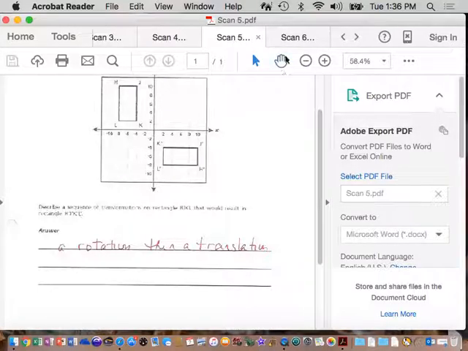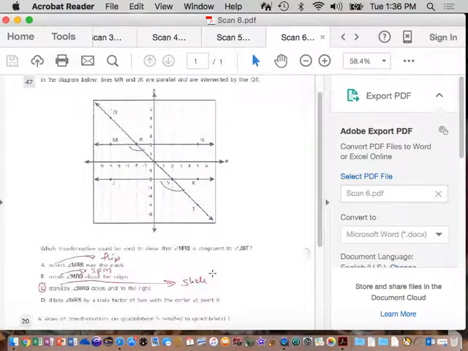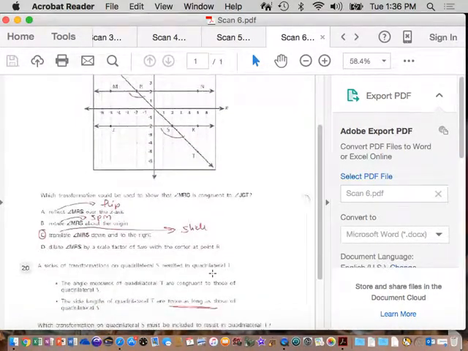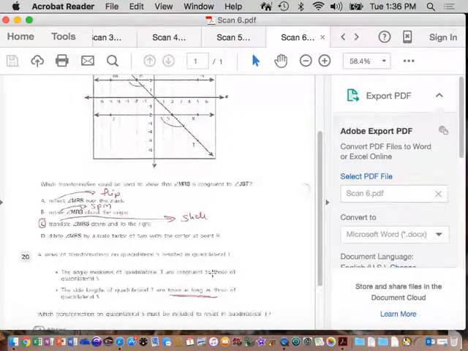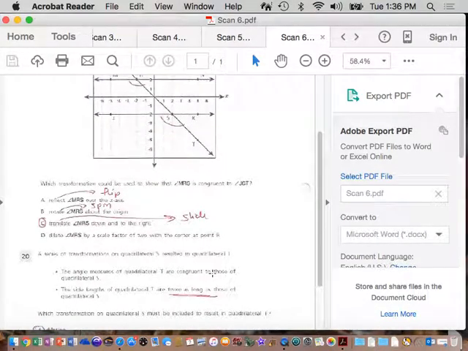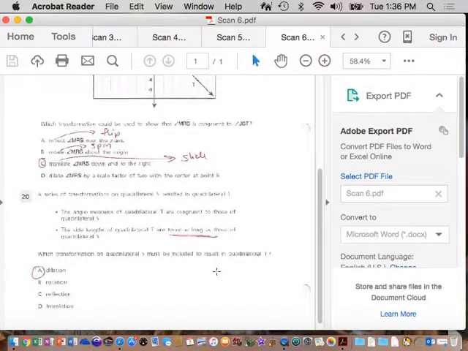This origin there, yeah. Any questions? There's that last one.